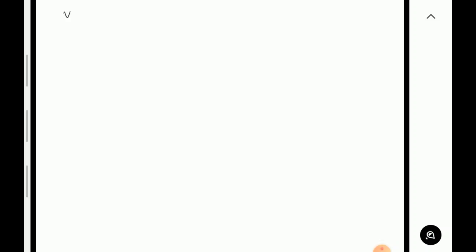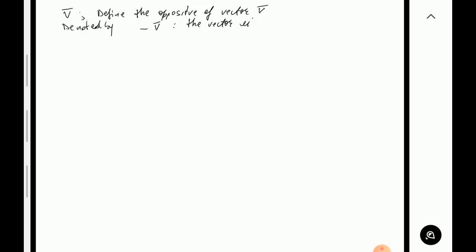Once we have a vector v, we can define what is called the opposite of the vector v, and that's going to be denoted by -v, and is going to be the vector with the same magnitude as v, but in the opposite direction.